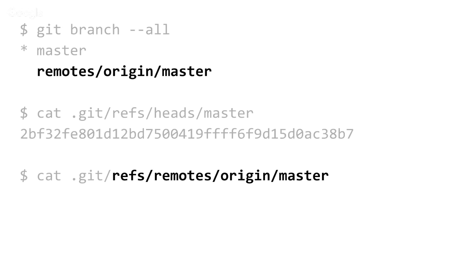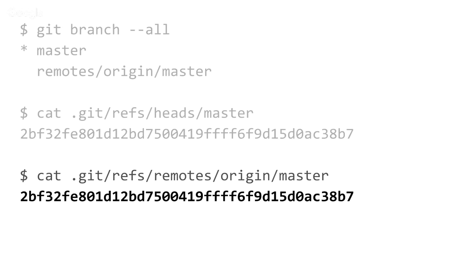I can look into the file where Git stores the information about remote branches. And here we see the path. So it's also in the Git directory: refs, remotes, origin, master. Again, origin is just a name that we gave to this remote, could be something else, and master is the branch name. So when we print the content, we see the hash is the same.